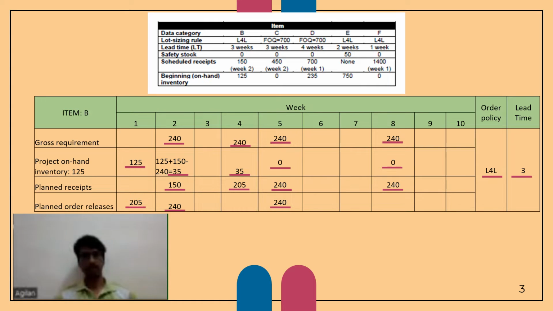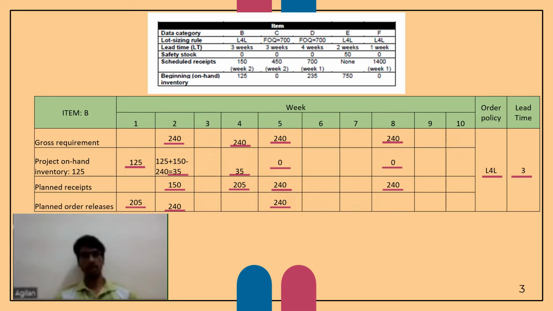In week 2, in order to get 240, we have to take 125 from week 1 and add 150, which is the scheduled receipt on week 2. So 150 plus 125, minus 240, you will get 35. That's the balance projected on-hand inventory.